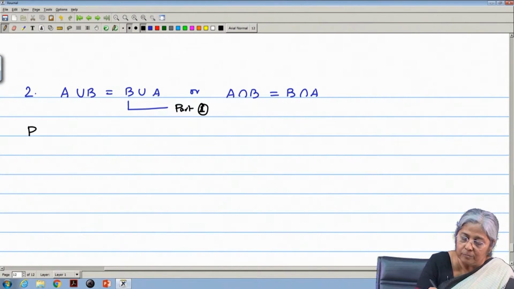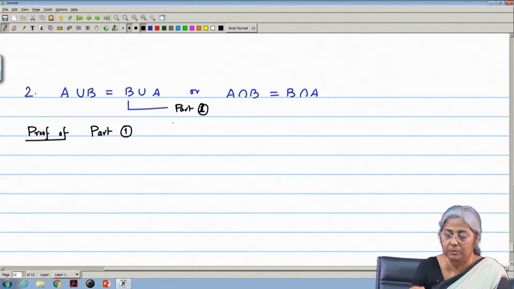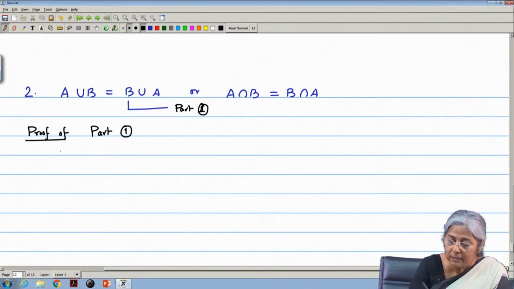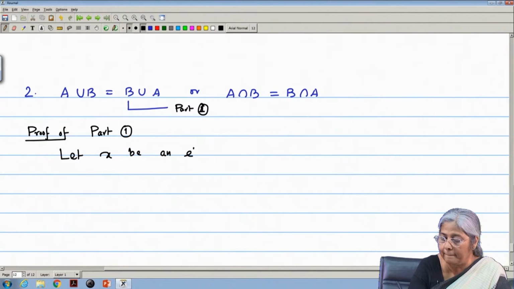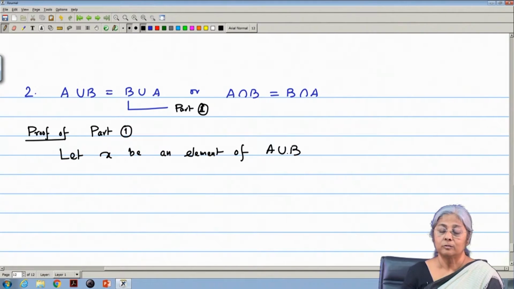So, proof of part 1, and similarly we can prove part 2. How can we prove it? See, A union B is one set, similarly B union A is a set. So, let x be an element of A union B. How can we show that two sets are the same?